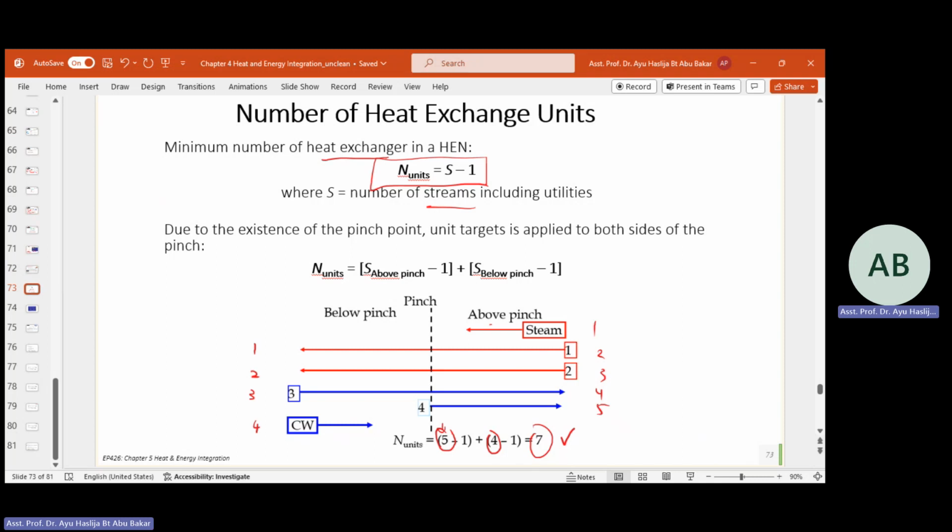It is assumed the same activity, so you just assume the same. One thing, if a stream has phase change from liquid to vapor, then the liquid part is one exchanger, the phase change is one exchanger, then the vapor is one exchanger.